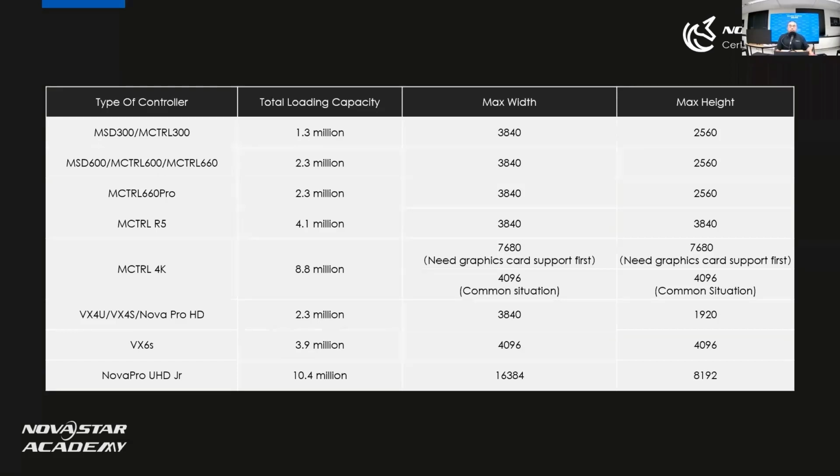Why do we want you to know the limitation of the width and height? Because we can use the loading capacity of one device to divide by the maximum width, and then we can know the height which one single device can support. So sometimes it will directly affect which controller you can choose for the screens.